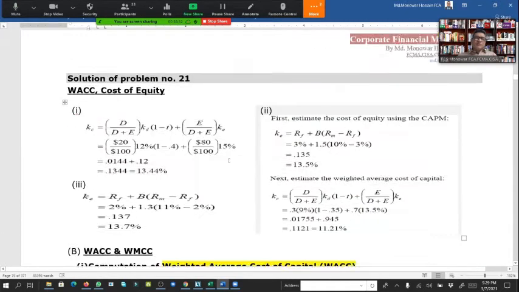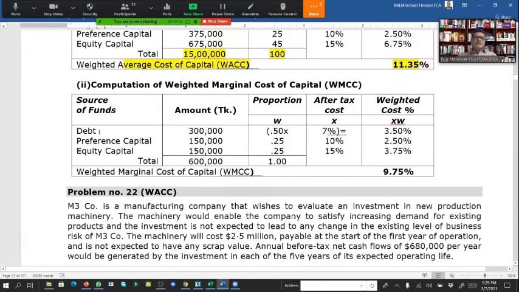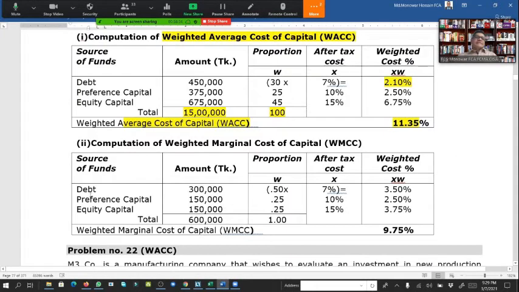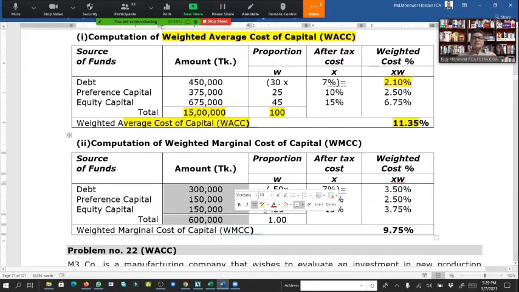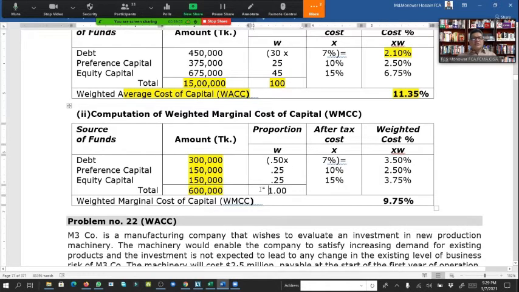So the same way we are putting it here. The structure is changed: debt, preference, equity. Here a total of 6 lakh is required for the investment, and if 6 lakh is taken as 1, then equity capital is 0.25, preference 0.25, and debt is 3 lakh, which means 0.5 or 50%.